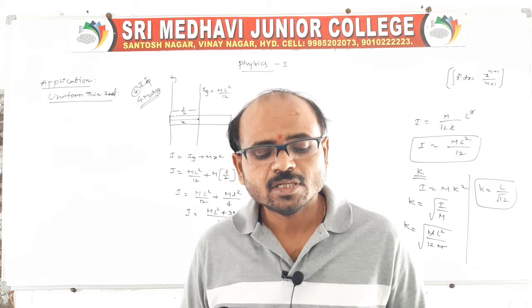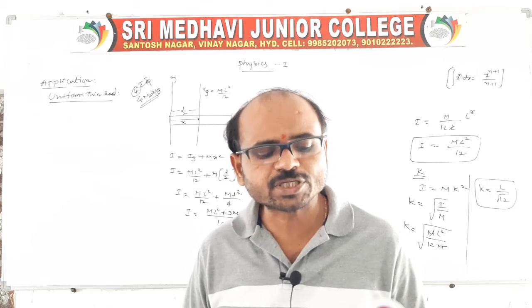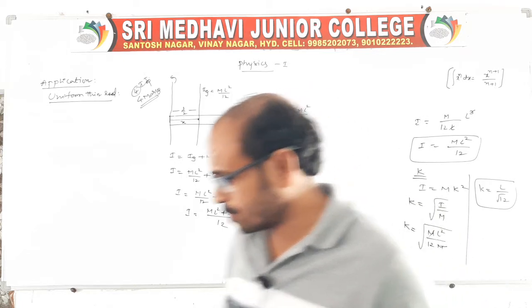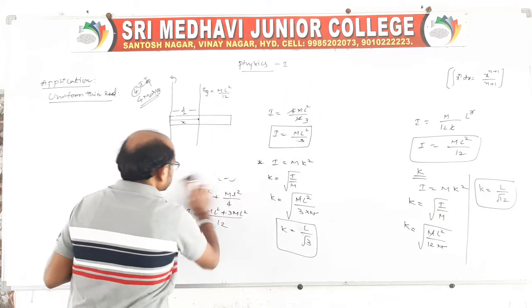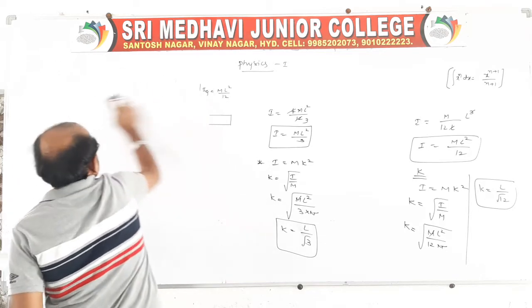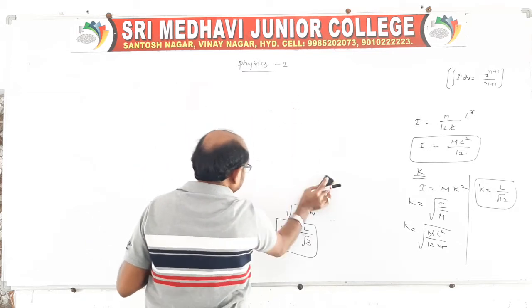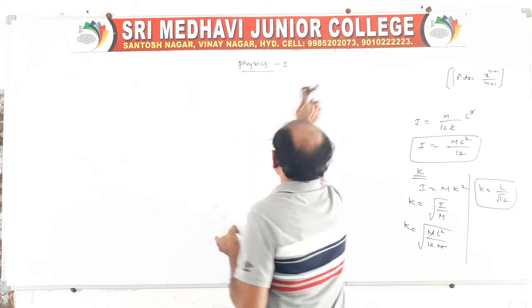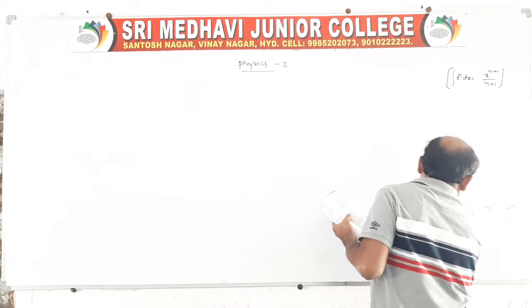First question is state and prove the parallel axis theorem, and the second is given as a problem, for a thin flat circular disc. I'll continue the application after this problem, right? Because we have some other applications also.